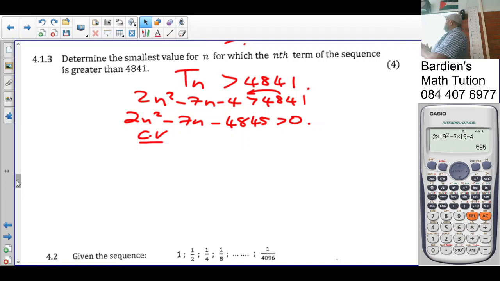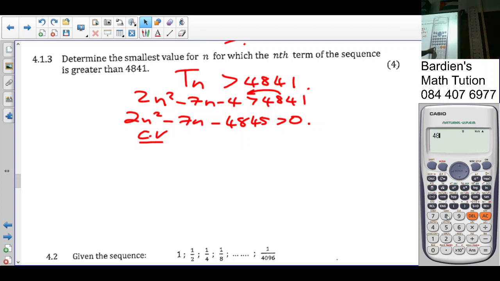So the factors of 4,845, it is fairly large. Okay? As you can see here, 4,845, it's quite a few factors. And it's large numbers as well.